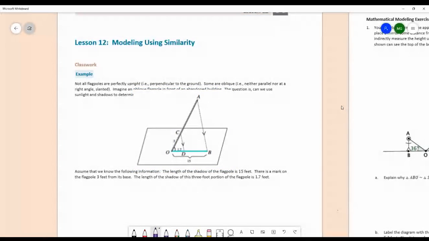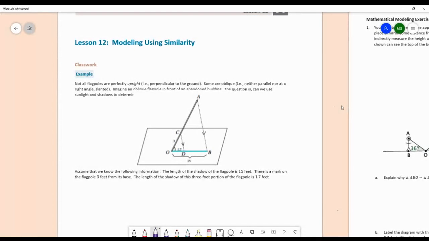All right, so when we take a look at it, we can see it is drawn. Here's still our flagpole. This OC is that 3-foot section, and the shadow cast was 1.7 feet. The entire flagpole is what we're hunting for. And then we have our shadow. We know that shadow on the ground is 15 feet, and it's labeled right here.